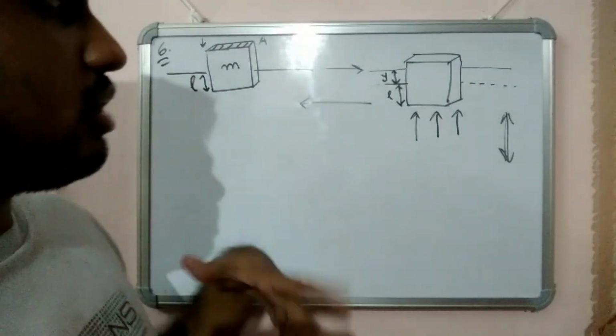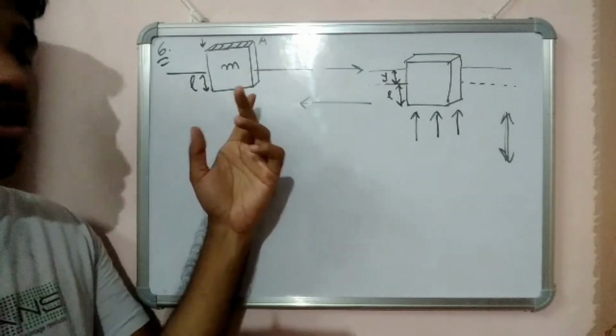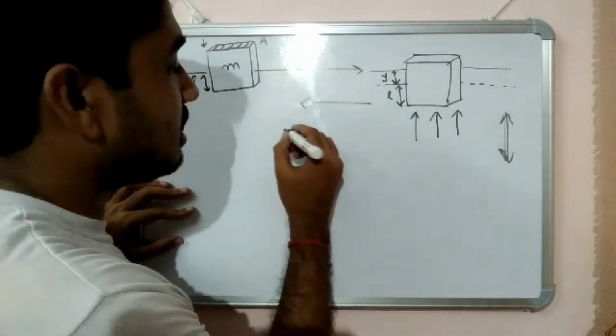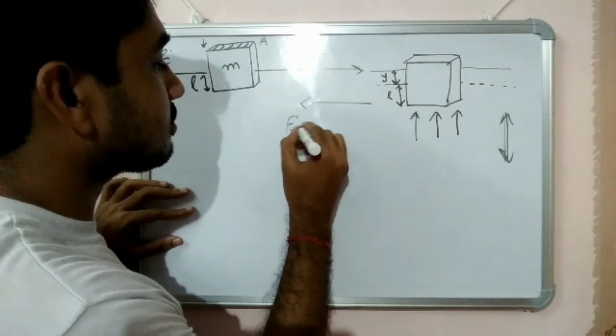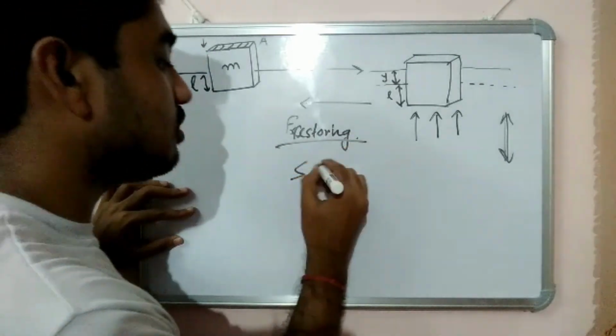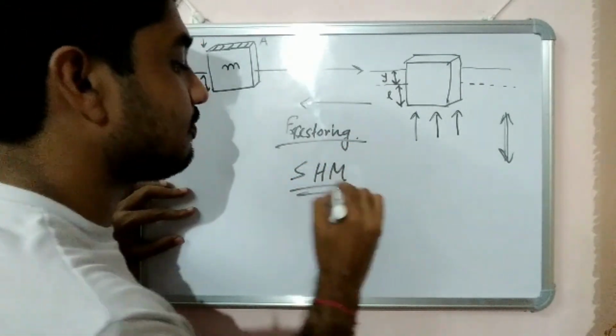So there will be a restoring force which will try to restore this block to this position, and that is why this will execute SHM.